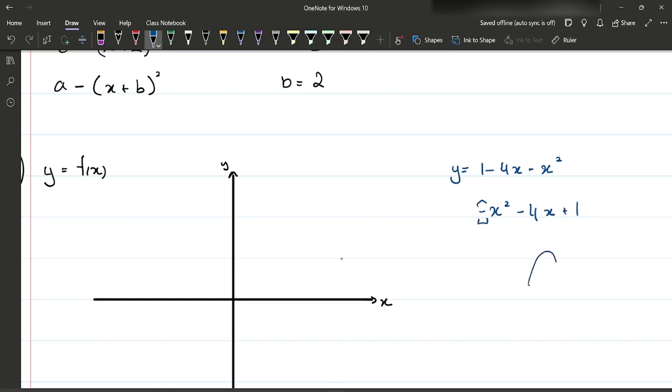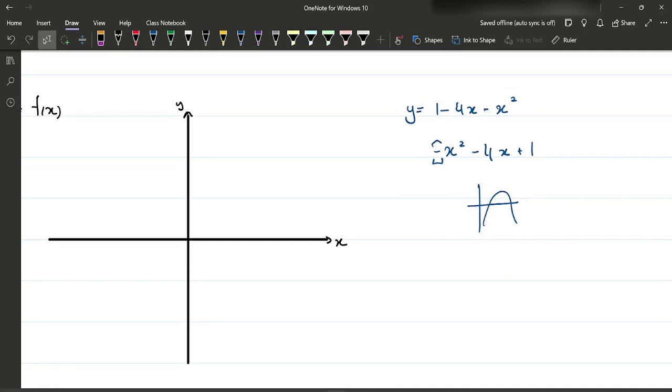It's going to have this kind of shape. Okay, and let's find the roots real quickly. So the roots are not exact numbers, which is a bit annoying, but it's fine. So the first one is minus 2 minus root 5. Second one is minus 2 plus root 5.